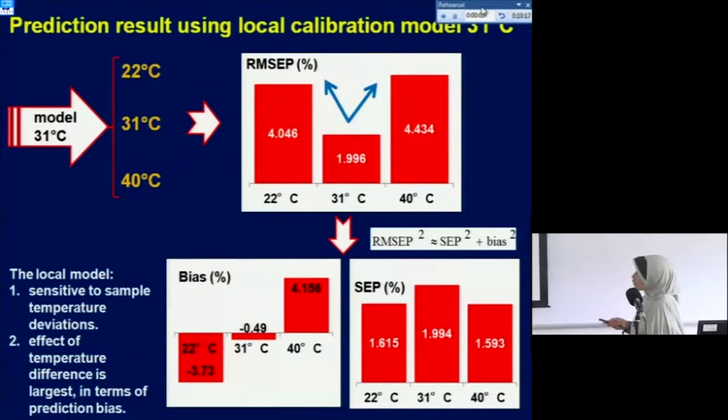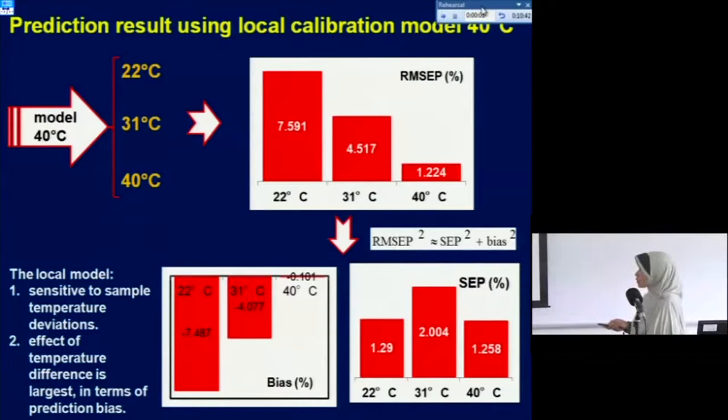Then using the local calibration model at 31 degrees Celsius, we obtained good prediction for the sample at the same temperature, but worse prediction for samples at different temperatures. Also the effect of temperature difference is larger in terms of bias, not SEP.